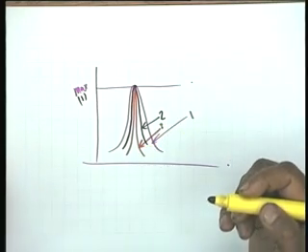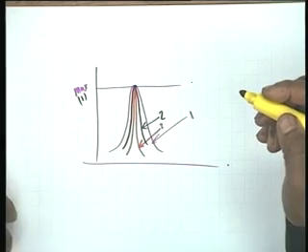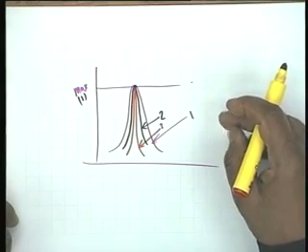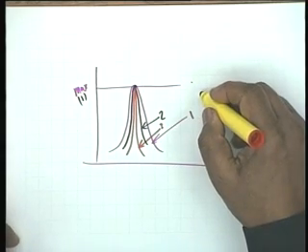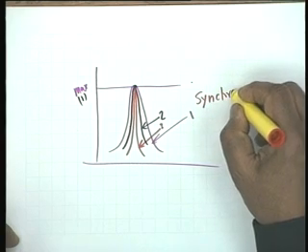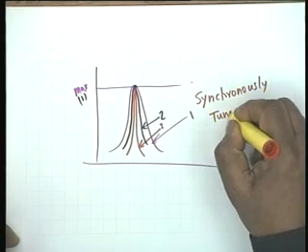So, this is a way of getting sharper selective responses or narrower bandwidths. The bandwidth goes on decreasing, isn't that right? Narrower bandwidth or sharper frequency responses, and such circuits are called synchronously tuned circuits.